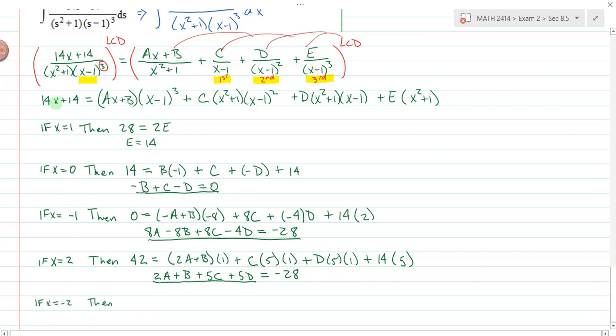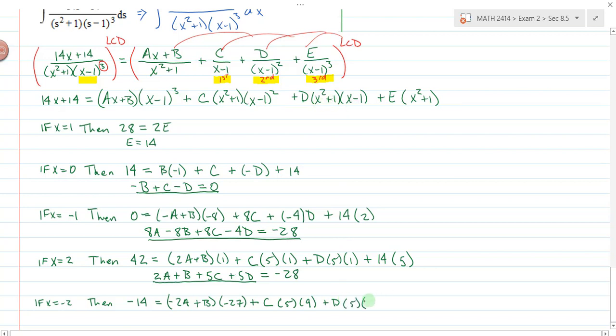So going back here, 14 times negative 2 is negative 28 plus 14 is negative 14. Negative 2 times a is negative 2a plus b times negative 2 minus 1 is negative 3, and negative 3 cubed is negative 27 plus c, and negative 2 squared is 4 plus 1 is 5, and negative 2 minus 1 is negative 3 squared is 9. And then we have d times negative 2 squared is 4 plus 1 is 5.